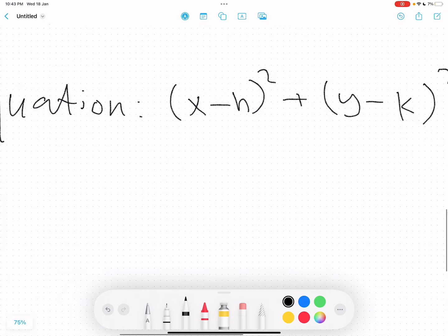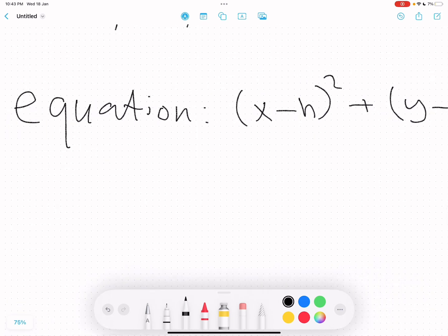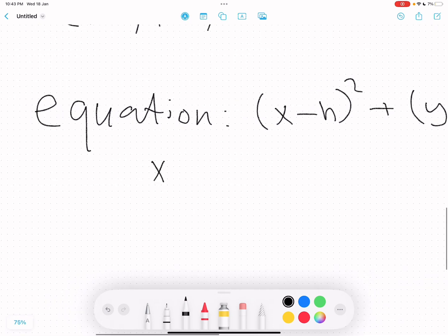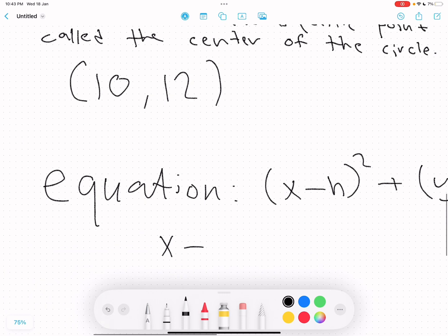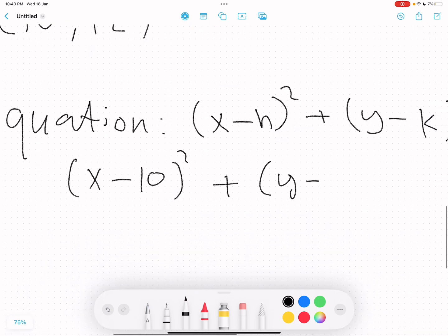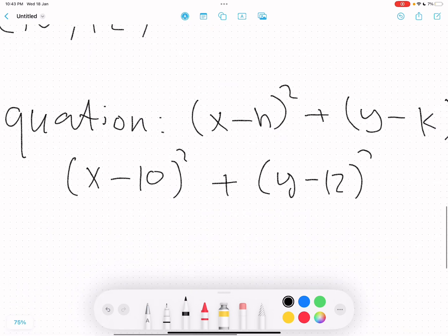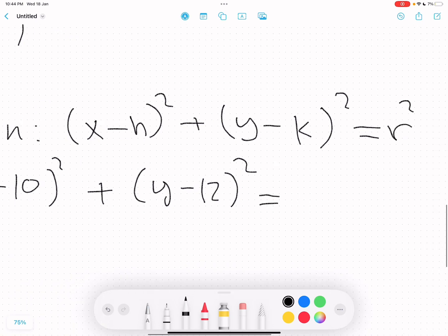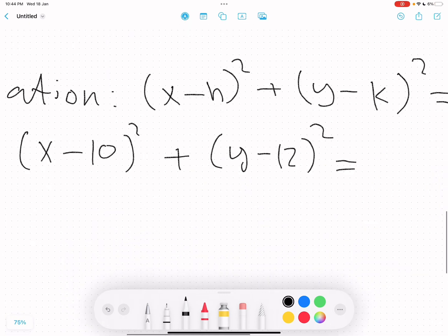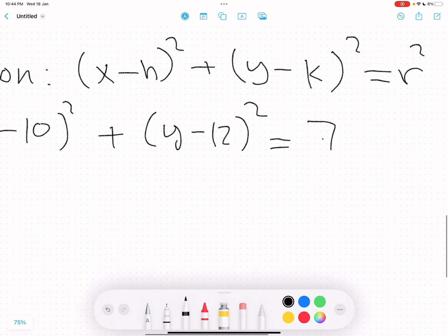So you can do x minus h, from the center of the circle, which is 10, squared, plus y minus k, which is 12, squared, equals the radius of the circle, which was 7 squared.